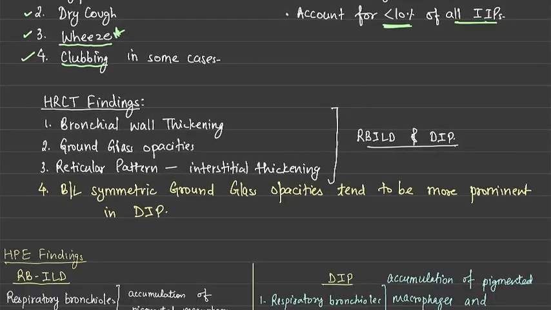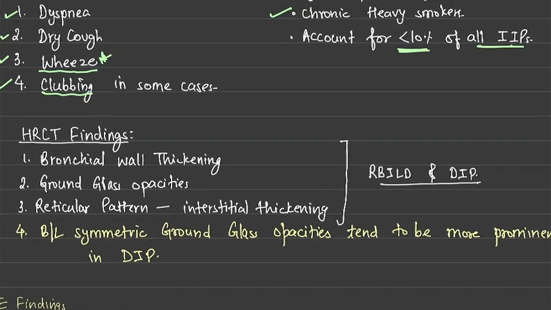What you will see in HRCT, see, the features of these two entities are almost similar. On HRCT we will see bronchial wall thickening, ground glass opacities, right? That is seen in most ILDs. Third is reticular pattern. Again, this is seen in most ILDs.